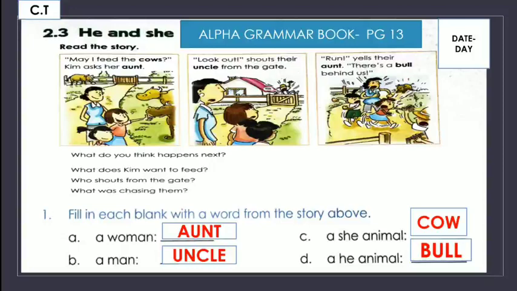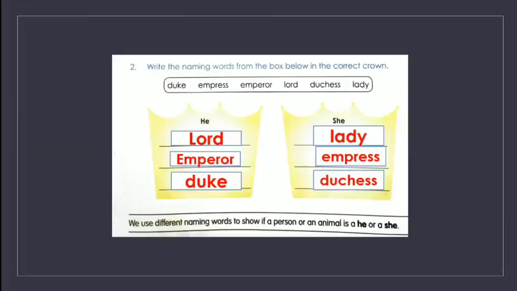Okay. So, here also you can fill in each blank with the word from the story above. Then the second question says, write the naming words from the box below in the correct crown. So here are two crowns, he and she. So few words are given. So you have to bifurcate them according to he or she. So Duke, first word is Duke.